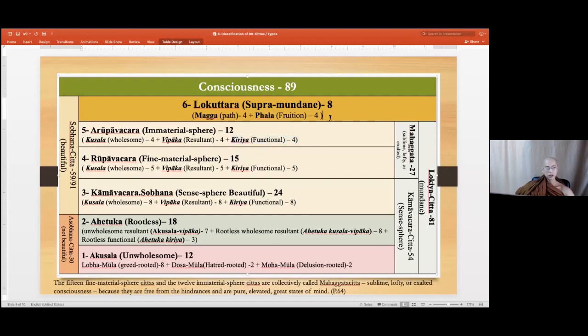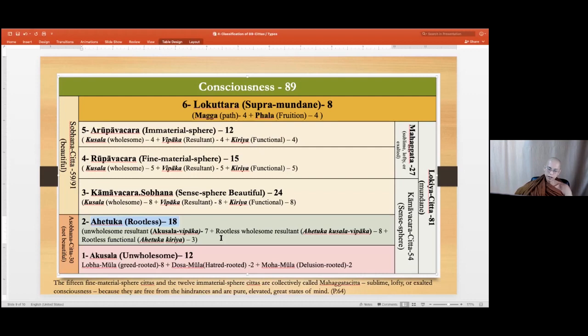So there is no functional consciousness in the supramundane. In this way, we can identify the classification of consciousness according to its nature in this chart. And also here only Ahetuka, only 18. So if you take off 18 from the 89, there will be 71 consciousness. These 71 are Sahetuka. So you can identify Ahetuka and Sahetuka.